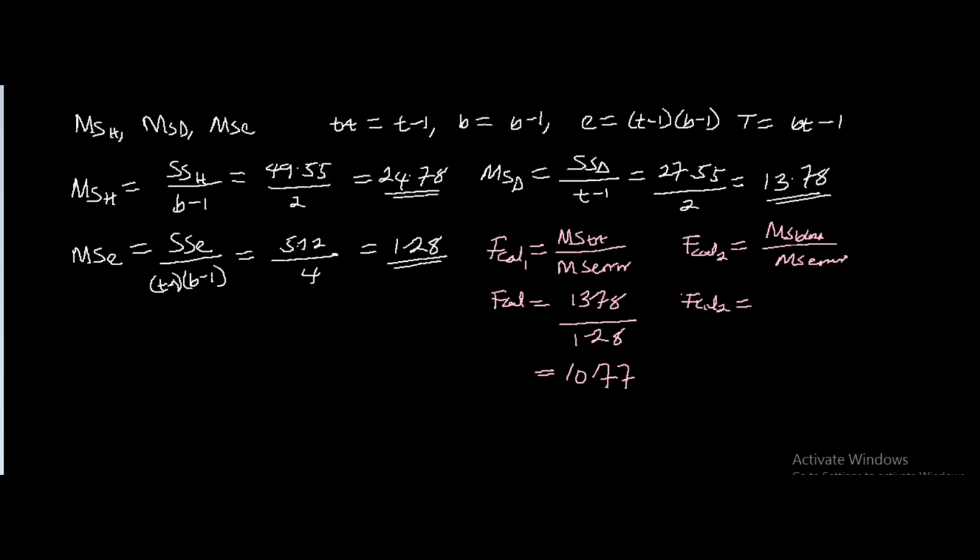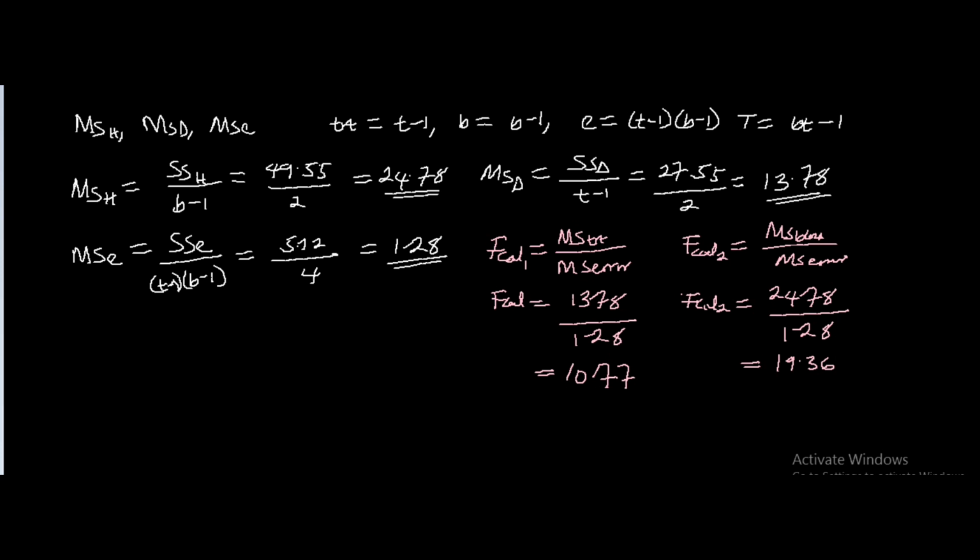Our mean square block, we know it to be 24.78, all divided by error, which is 1.28. If we do that, we are going to have 19.36. So those are the values we have now.